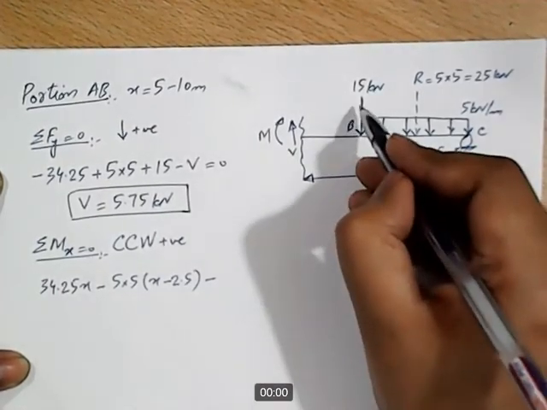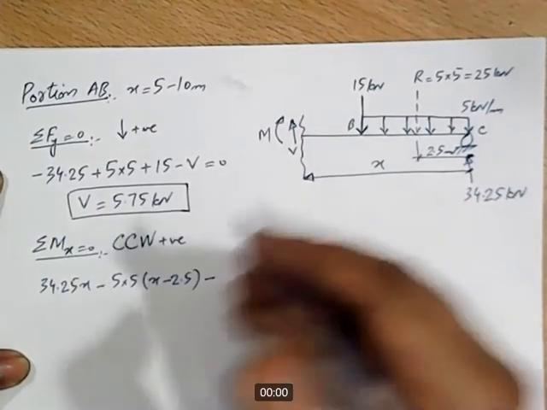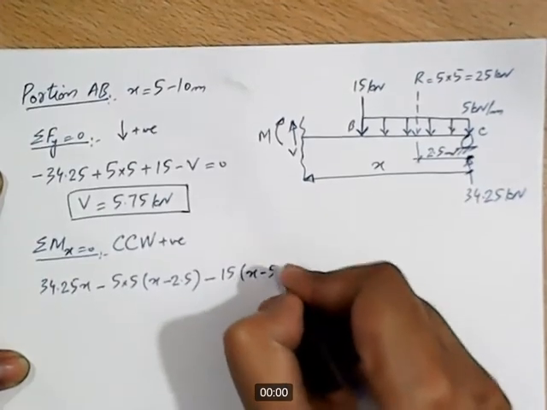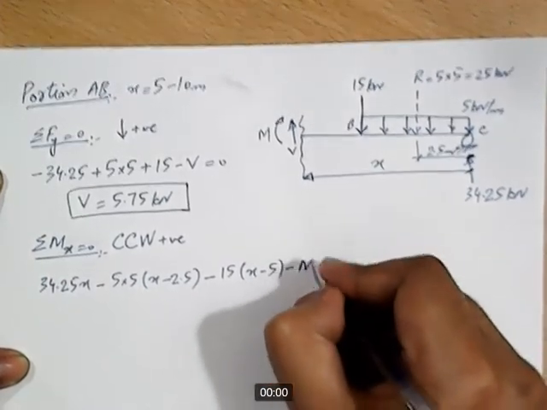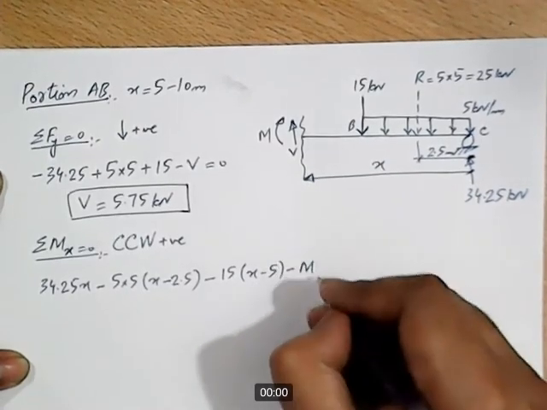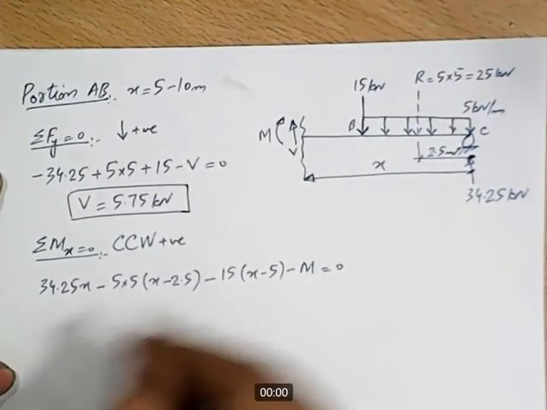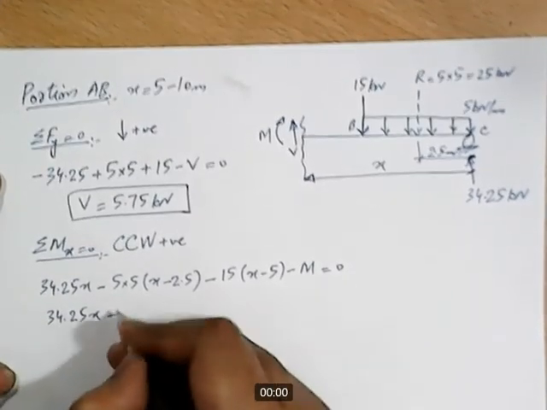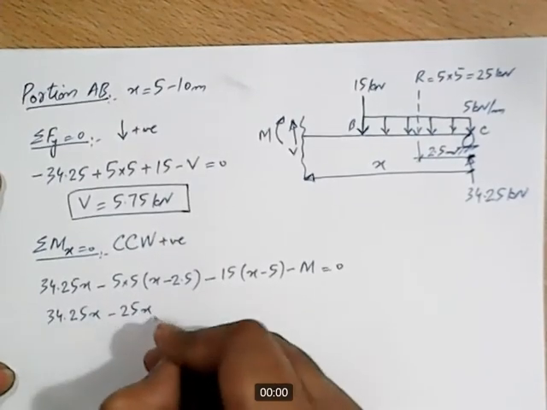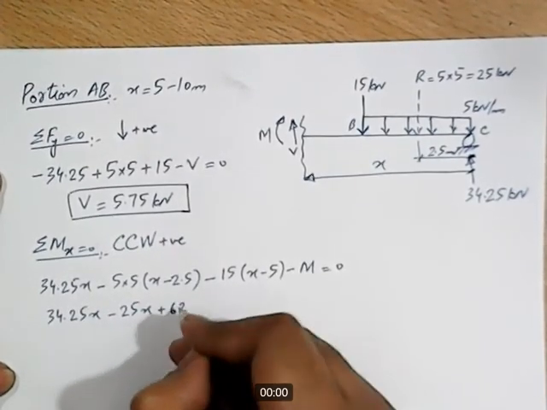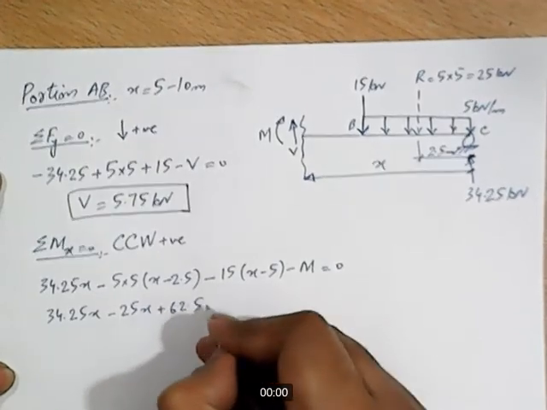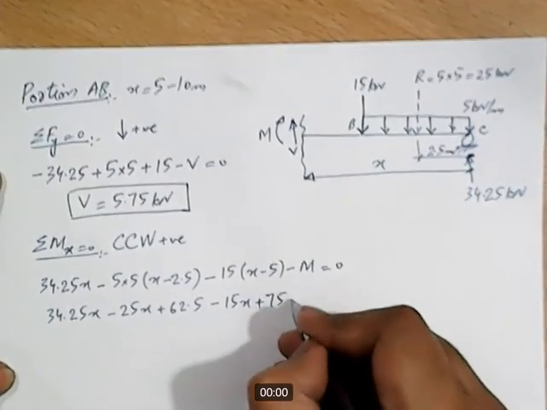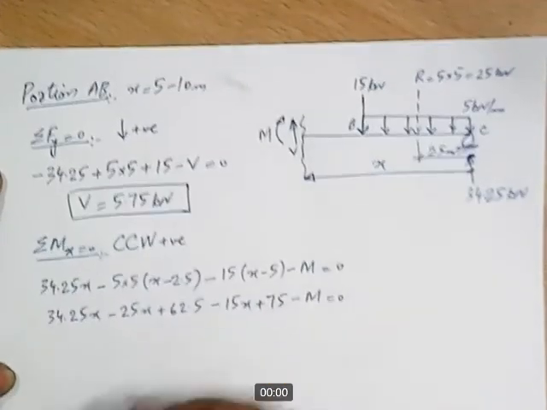And then this point load is also producing moment in clockwise direction about the section. So with a negative sign, 15 into x minus 5, minus M, the external moment, is equal to 0. Now if we solve this expression, we get 34.25x minus 25x plus 62.5 minus 15x plus 75 minus M equal to 0.